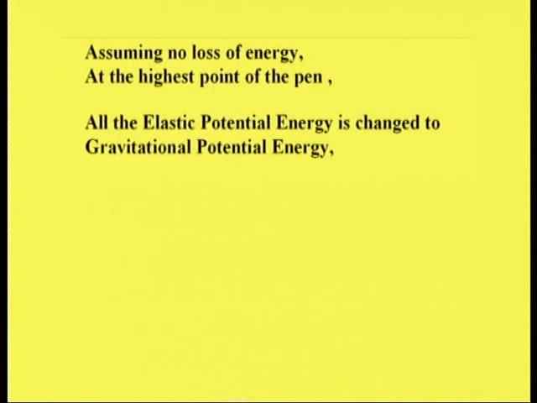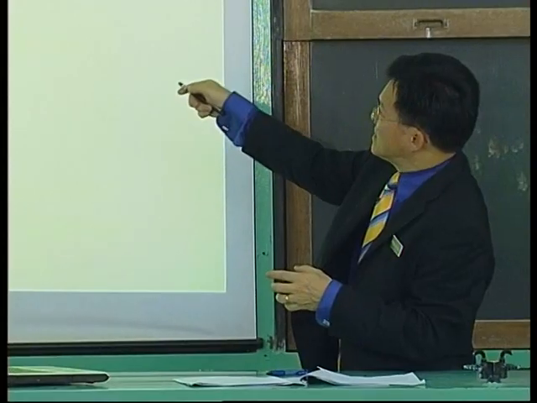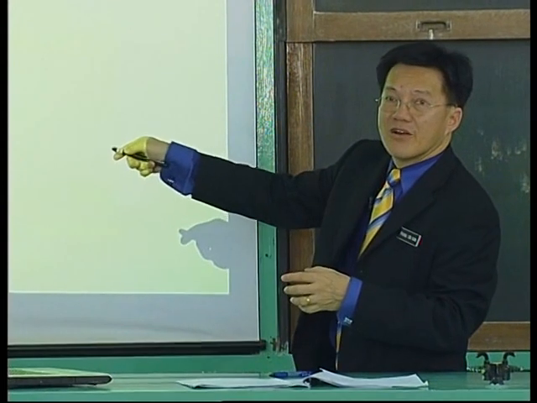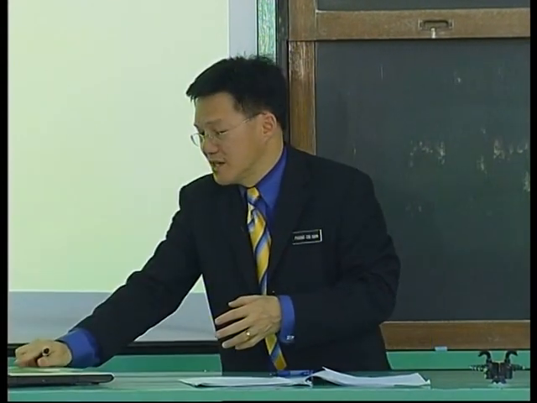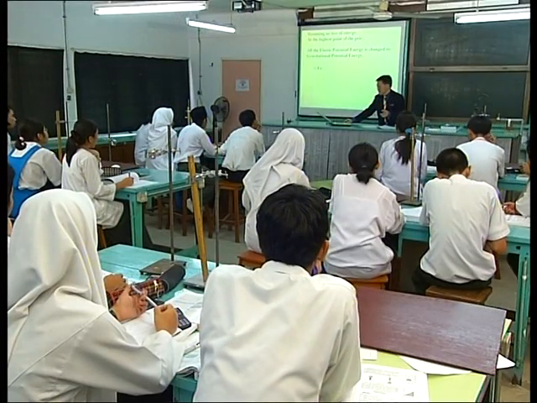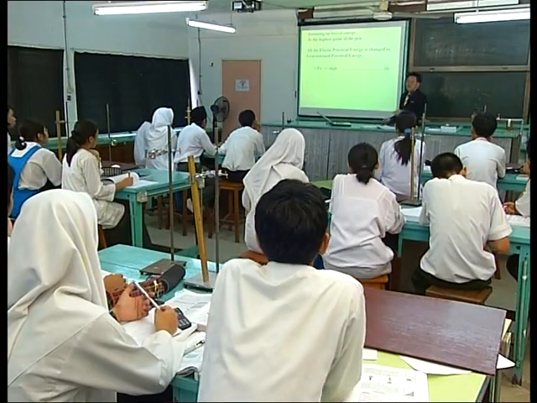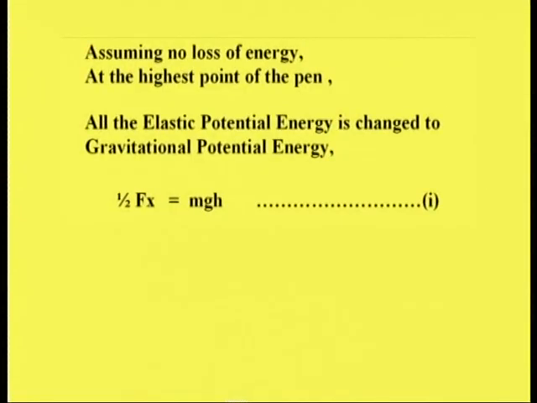We say all the elastic potential energy is converted to gravitational potential energy. Elastic potential energy, just now we discussed, is actually half Fx as the mathematical expression. It equals mgh. Many of the groups got it. Equals mgh. So we call this the first equation.